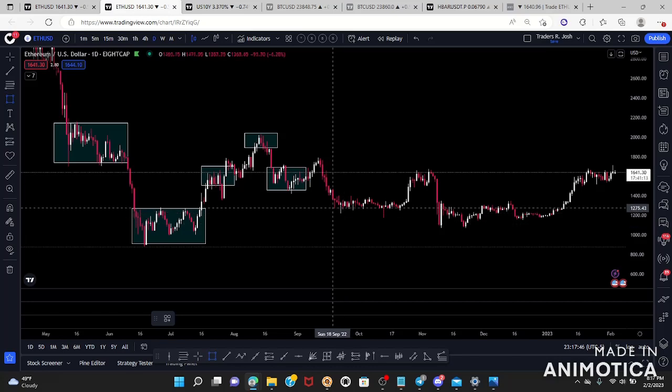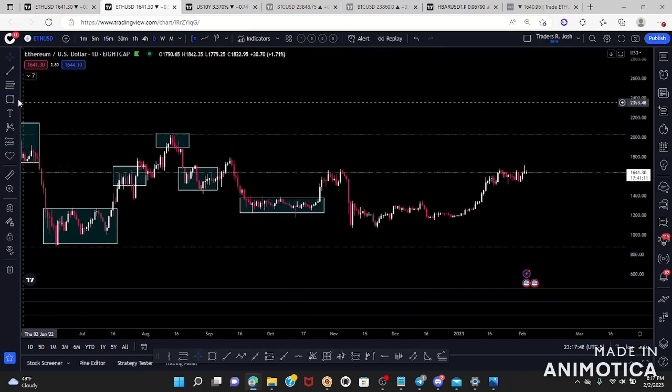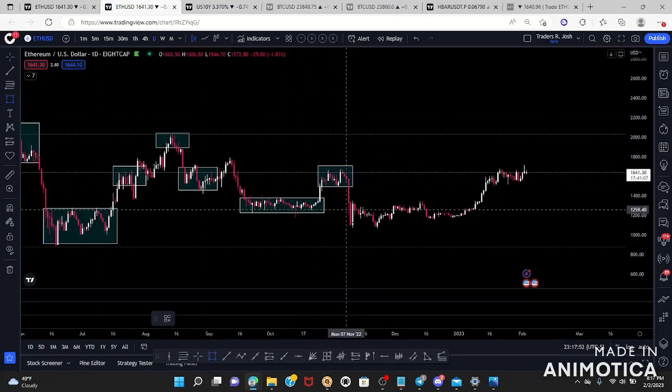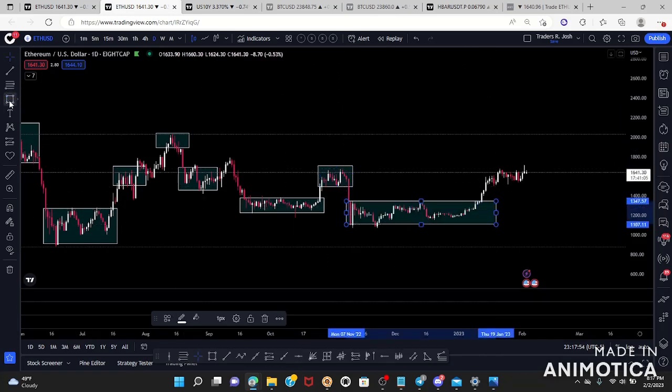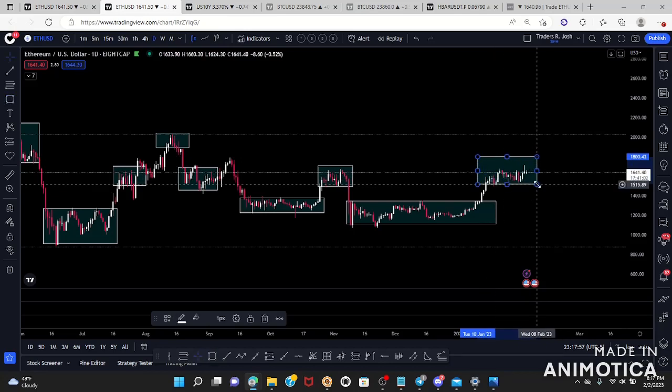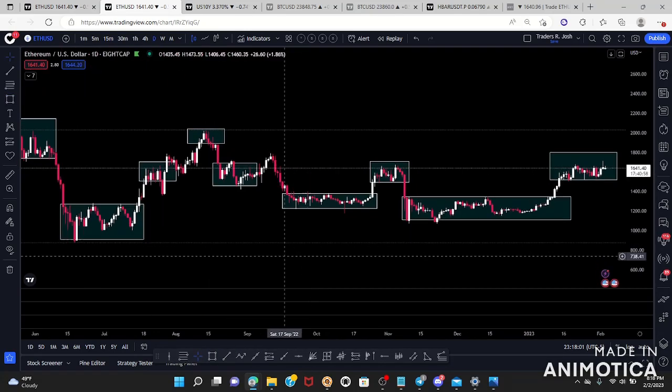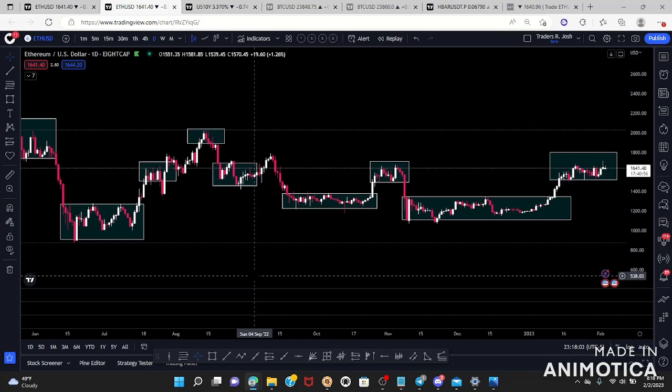You get it. Trend, contraction, trend, contraction, trend, big contraction area. We have an uptrend, contraction area. And that is the way the markets are set up.